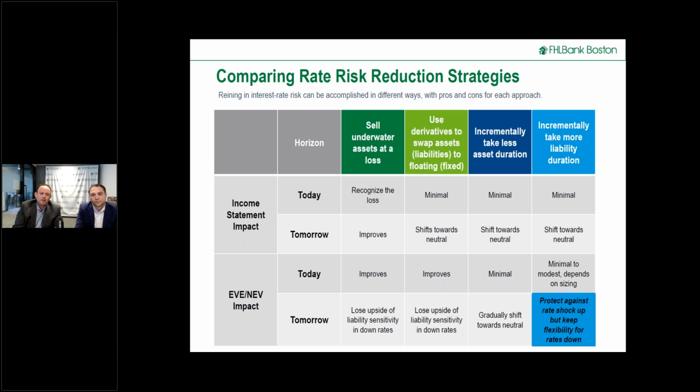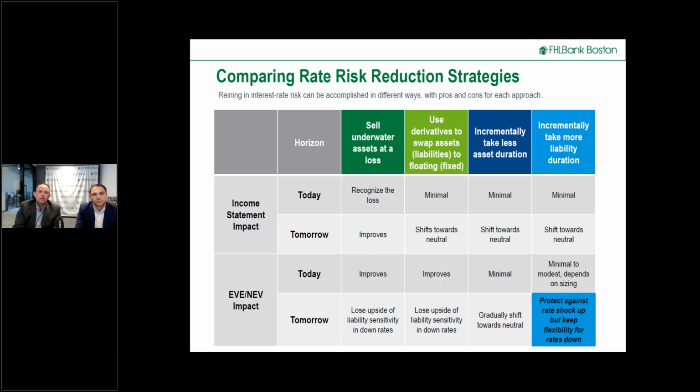valuations. The other tool we can use, for those of you who are set up and using derivatives, is to transform some of that fixed rate asset exposure to a floating rate exposure, or flip it around if we're talking about the liability side. So it has the benefit of not having the same ripping the Band-Aid off income statement impact as selling those underwater assets.